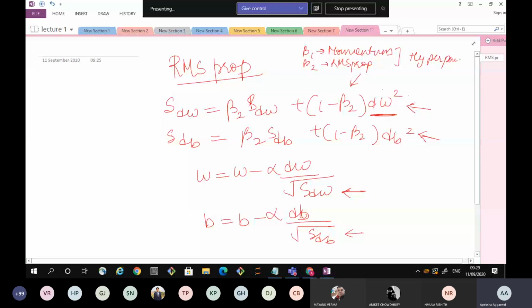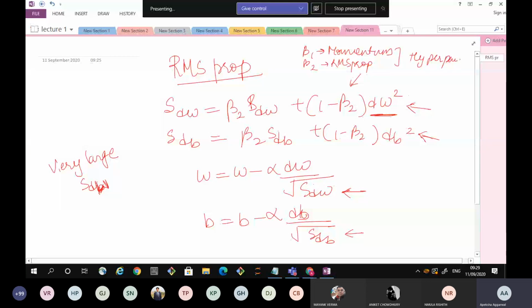Now why are we doing this? The idea behind the square root is that suppose we have a very large SdW. SdW is a calculation that depends upon previous calculations, similar to VdW in the previous slide; just the notation is different.